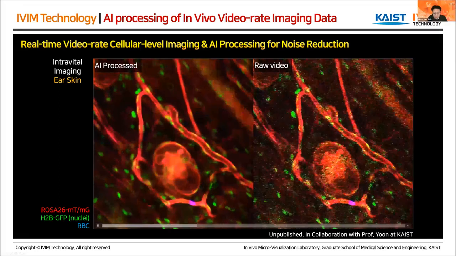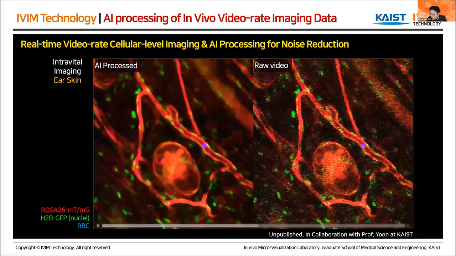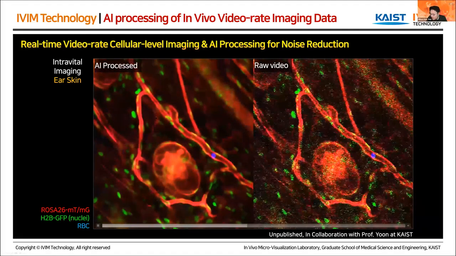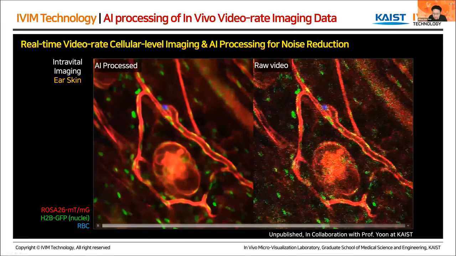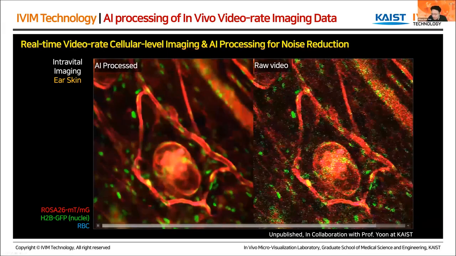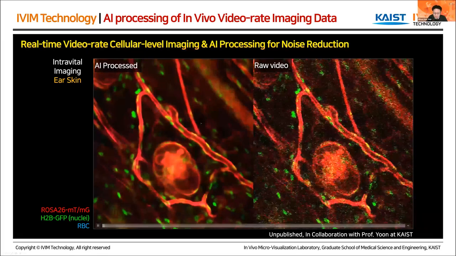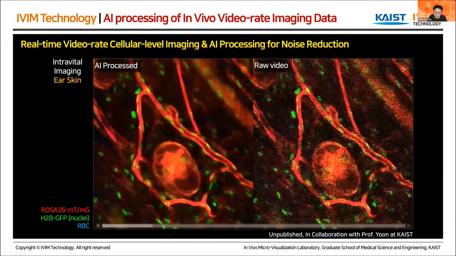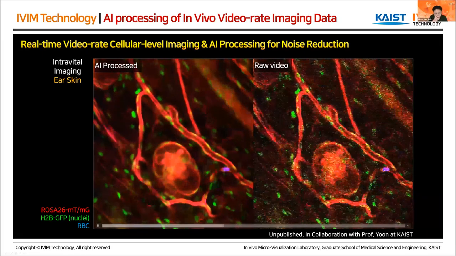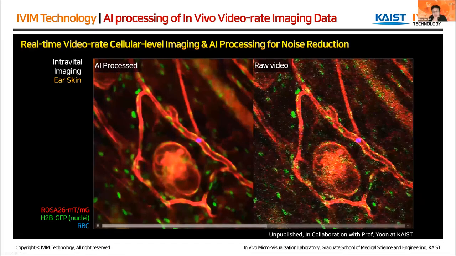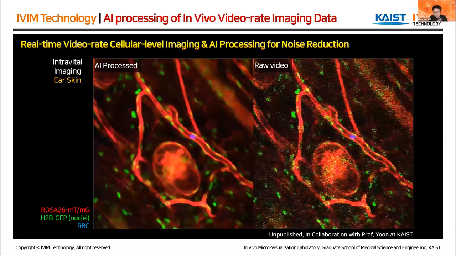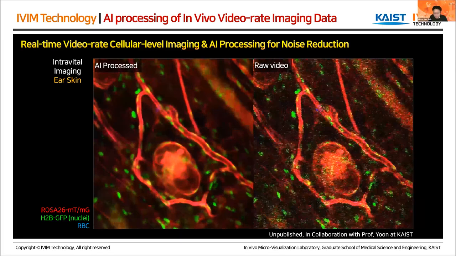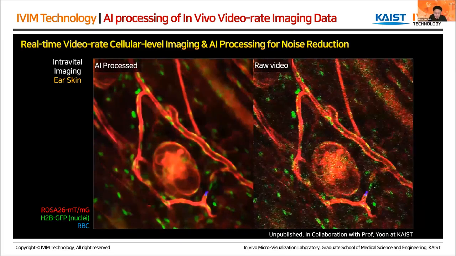We need a transgenic mouse or nerve staining, but we can easily image the nerve and vessel in the skin without the imaging window. In the skin, the penetration is about 70 micrometers in confocal imaging mode, and 150 to 200 micrometers in two-photon imaging mode.